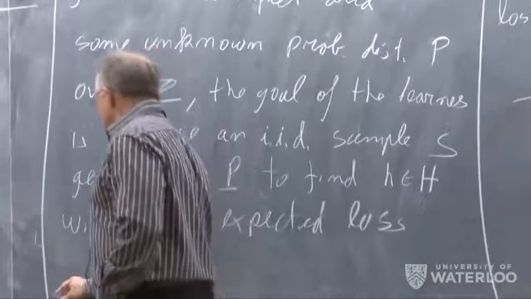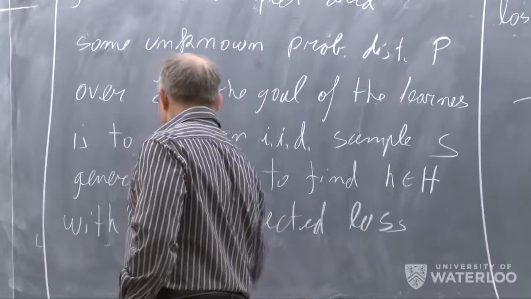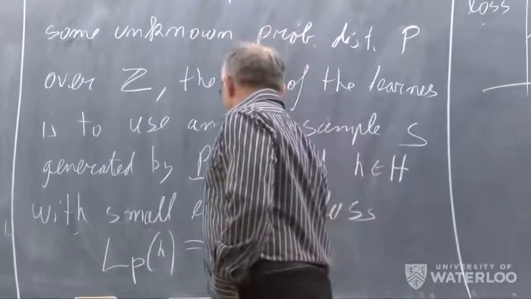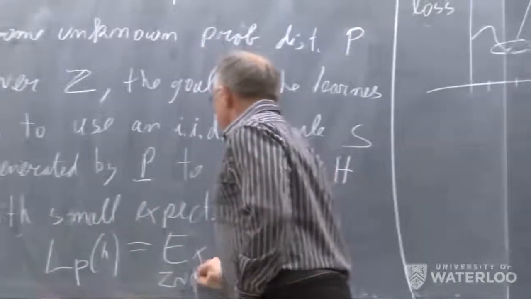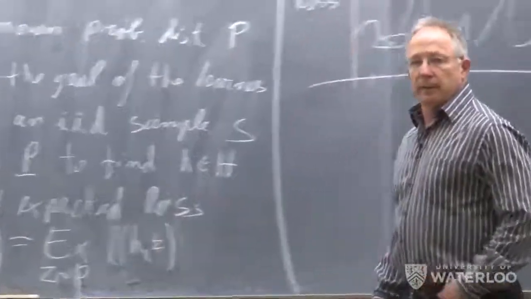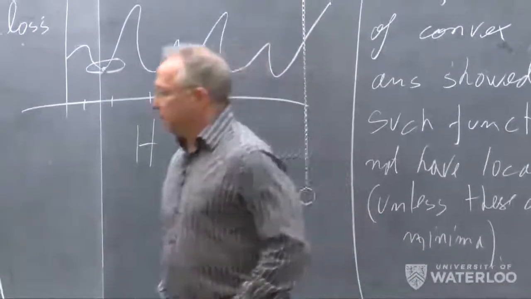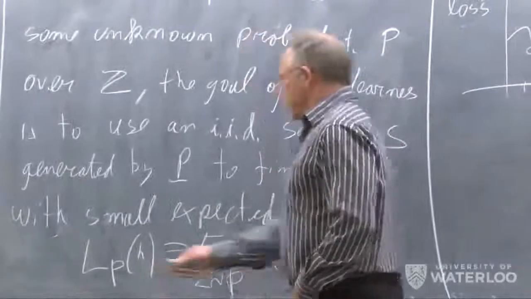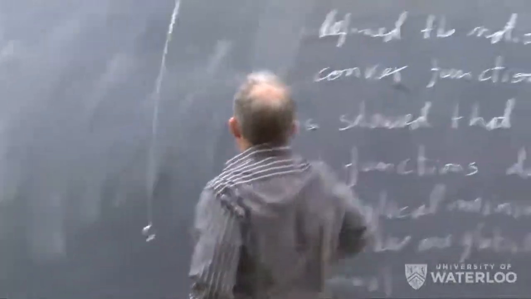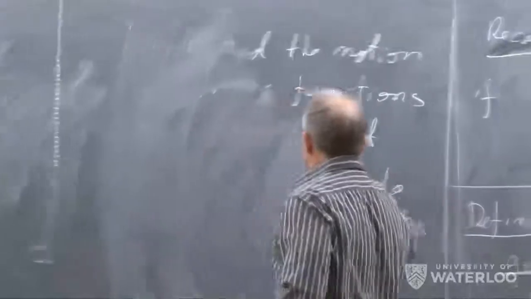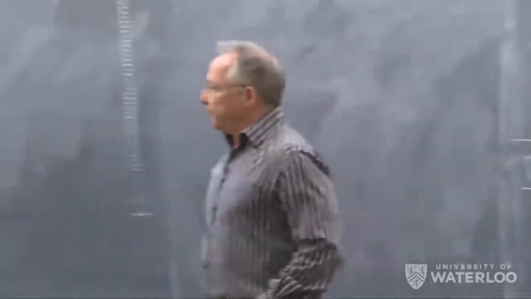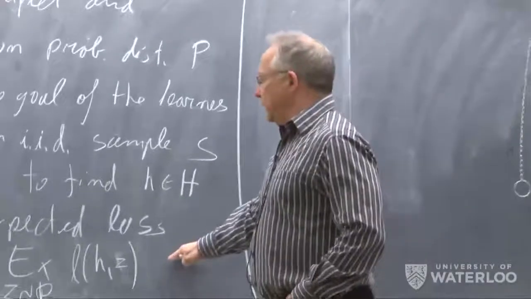So what is this small expected loss? L_P of H is the expectation over z sampled from P of the loss of H with respect to z. That's what we want to minimize. I mean, we have mentioned this general framework at the beginning of the course. And everything that we've done so far can be cast in terms of such a learning task.